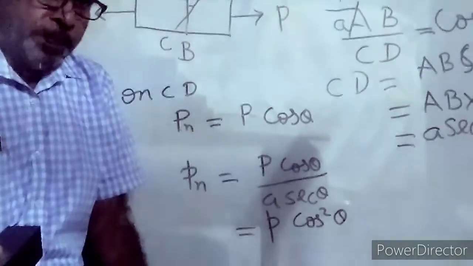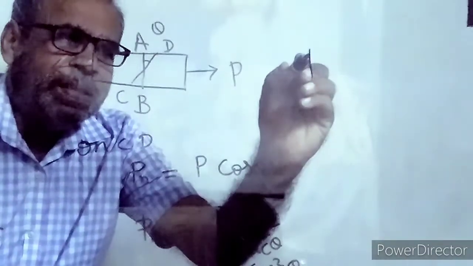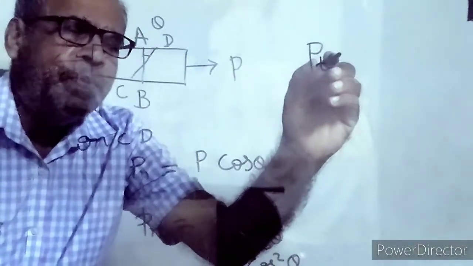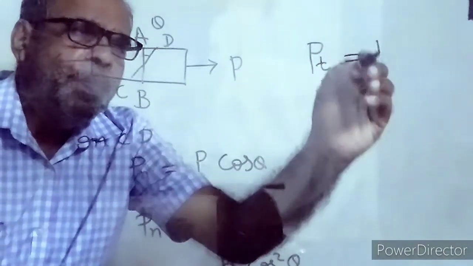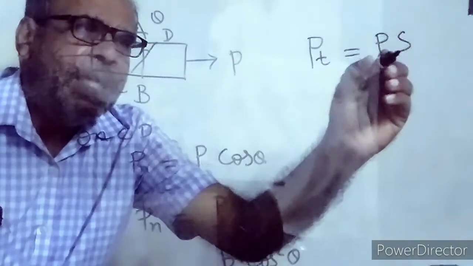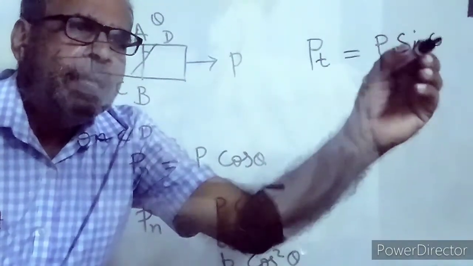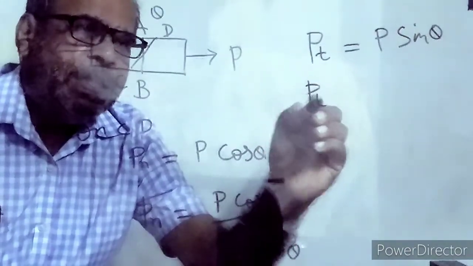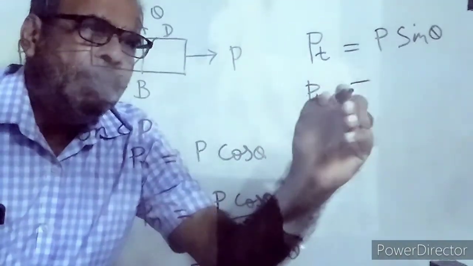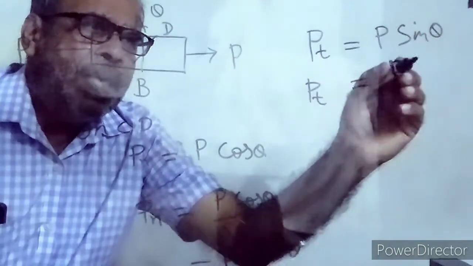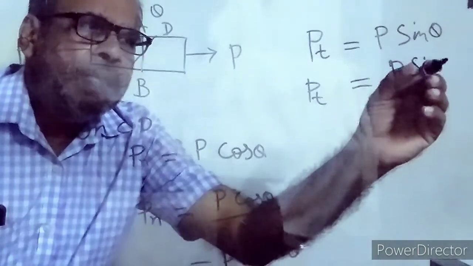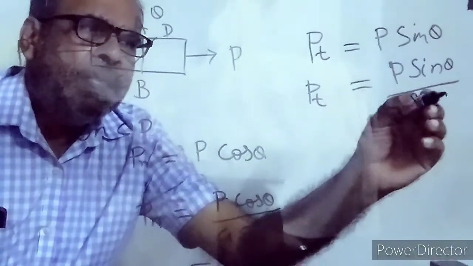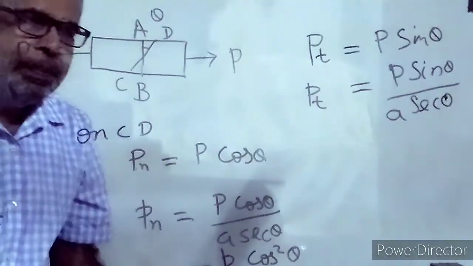Now the tangential force, the shear force Pt, is equal to P sin theta. Then the shear stress is equal to Pt, P sin theta, divided by A secant theta, force by area.